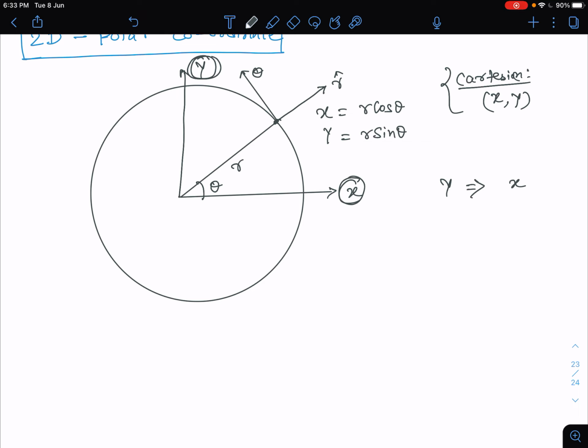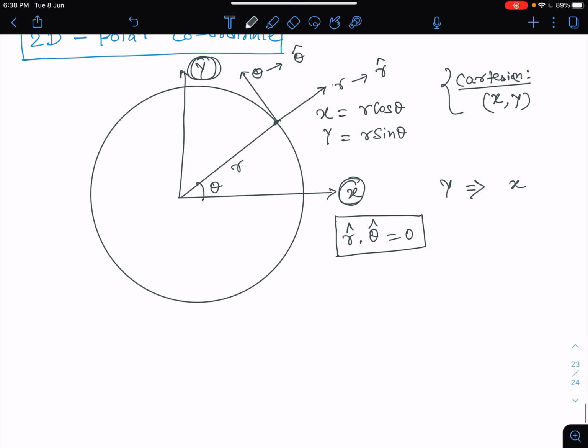Then we define the unit vector along r and denote it by r cap, and the unit vector along theta we denote by theta cap. By construction, r cap and theta cap are mutually perpendicular, that is their dot product is 0.